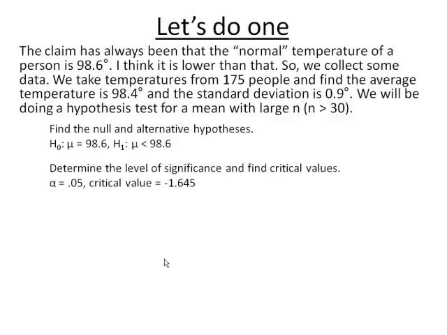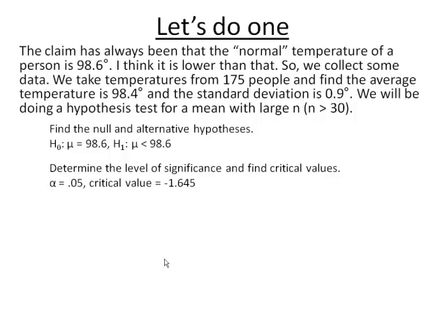We'll use a level of significance of 0.05, and from that we find a critical value of negative 1.645. And what that means is to the left, or less than negative 1.645, we have 5% of our normal distribution.